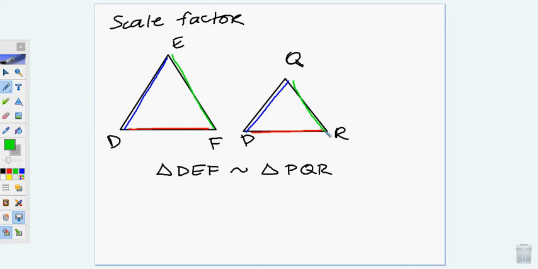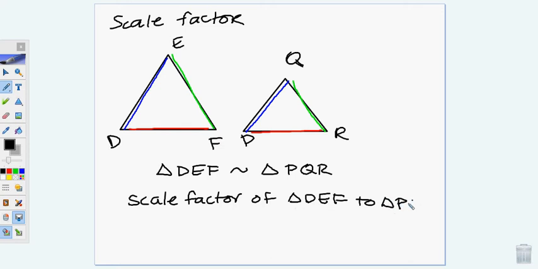Now let's say that I tell you that the scale factor of DEF to PQR is 2. So that's how you'll see it. Basically what I'm telling you is that their sides are related by a factor of 2.